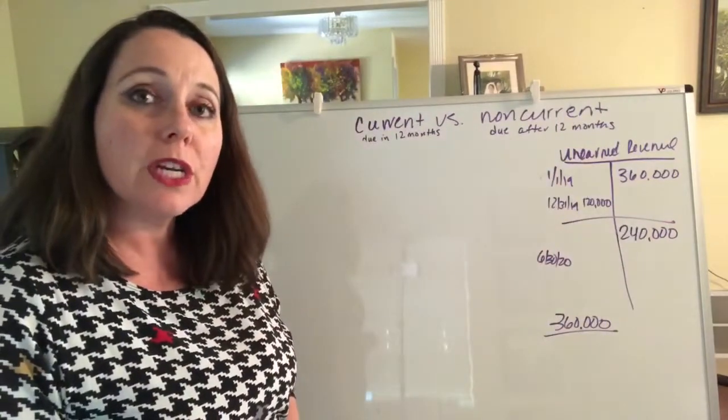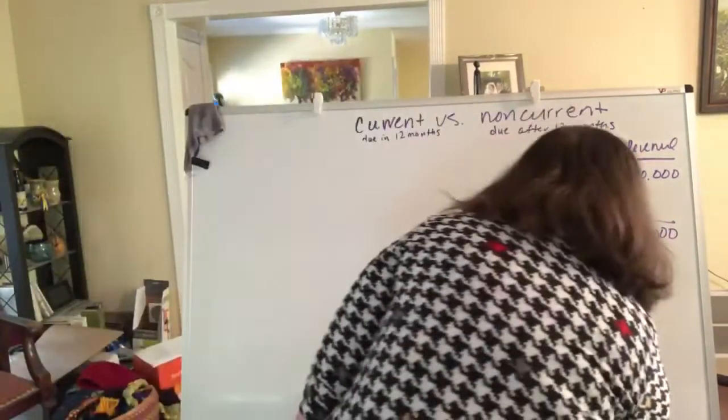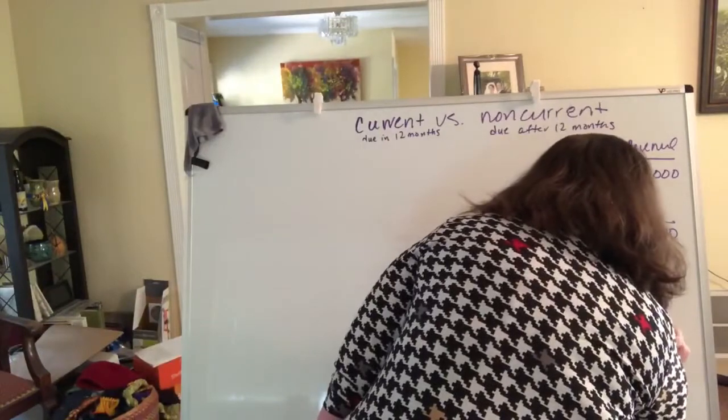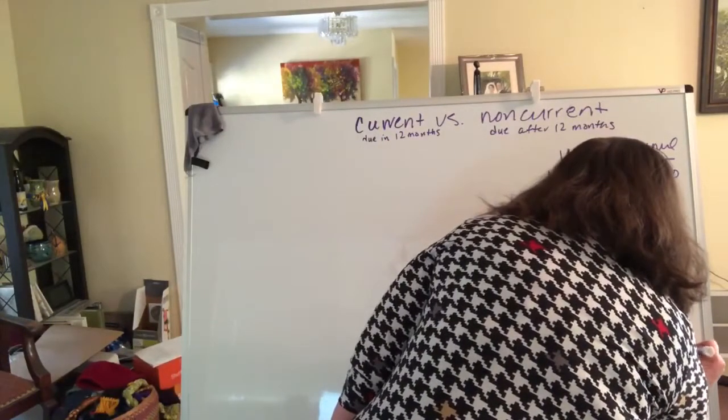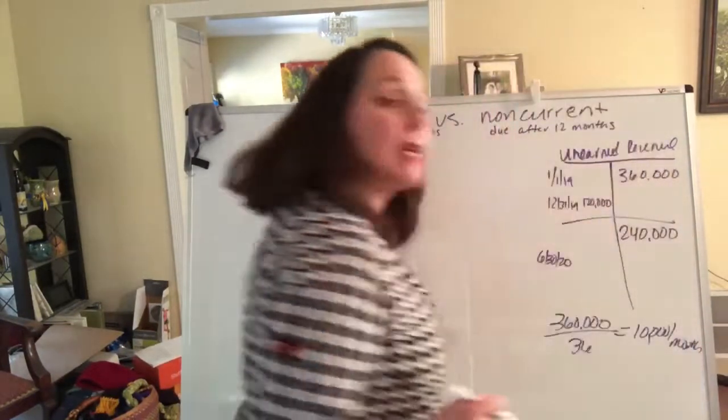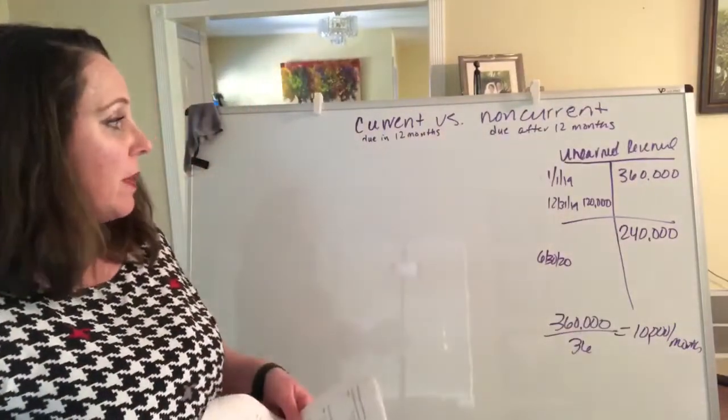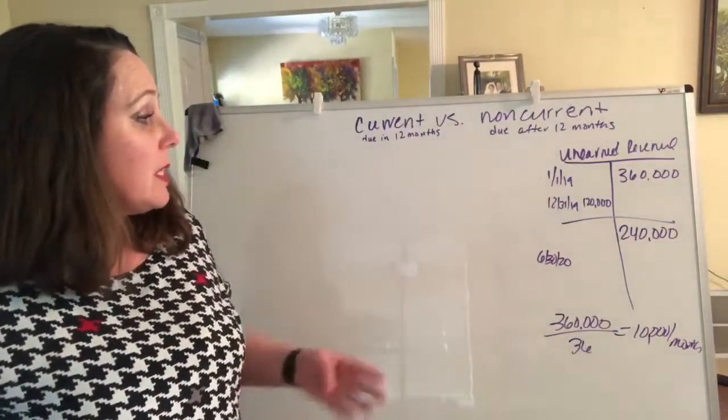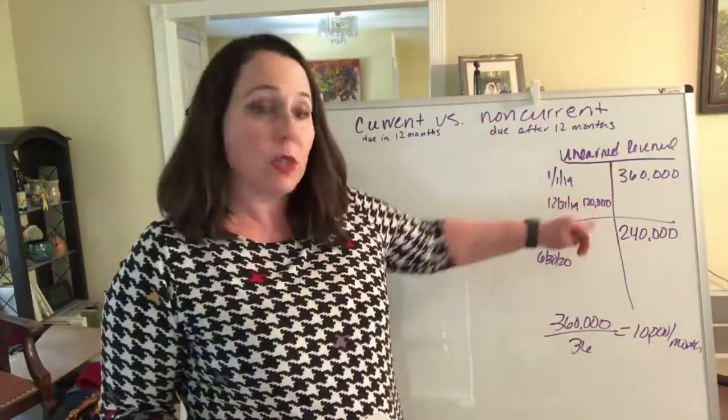That was good for 3 years or 36 months. So we're going to recognize revenue at a rate of 10,000 a month. So 6 months has passed since the last time we booked a journal entry.